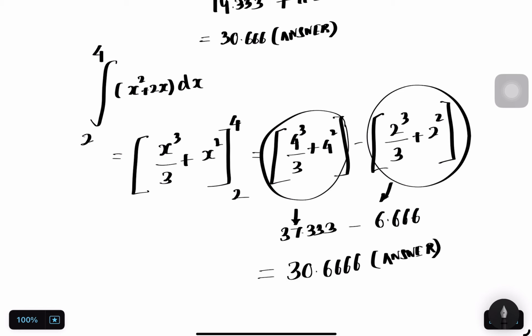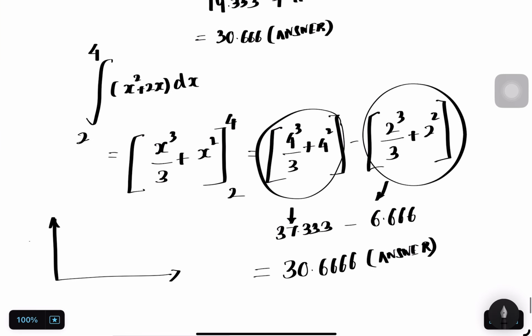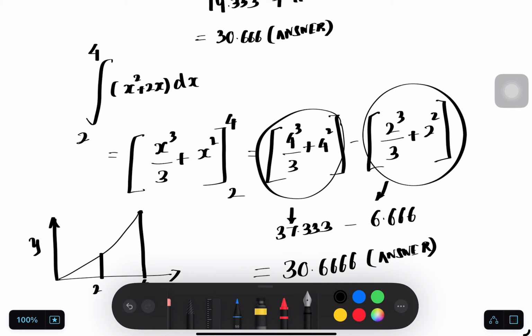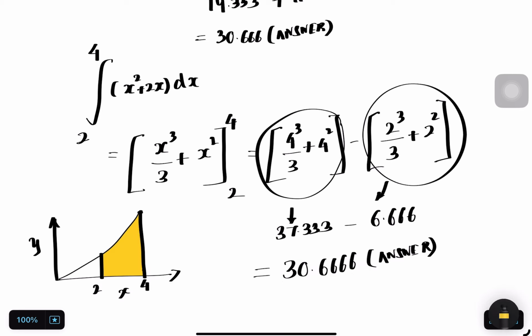Which means that the function, which is, let us say y, a function of x. And if you have this function, I'm just drawing a random curve, where the limit is from 2 to 4. And if you have to find the area here, of course, that function is x squared plus 2x.